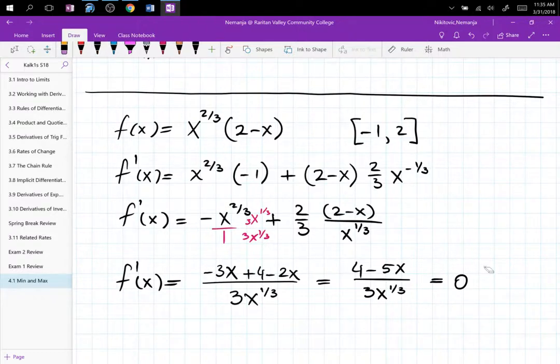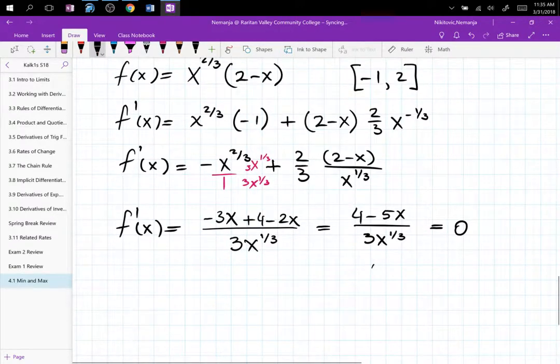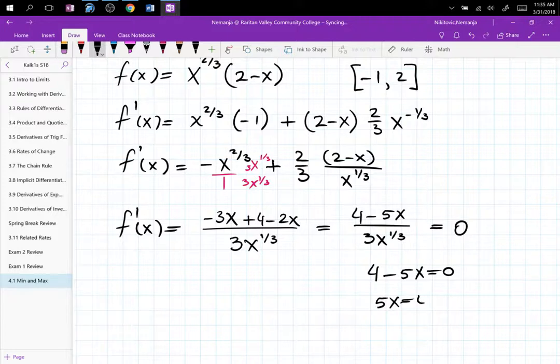But when you look at the last thing that we have, when you cross multiply, this is what you get. And if you can't solve this, well, back to elementary algebra. Back to 7th grade or 6th or whatever, right? Because that's what it is. Now you have 5x equals 4, x equals 4/5.